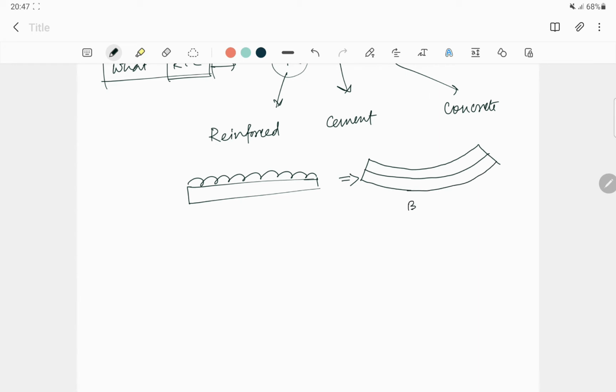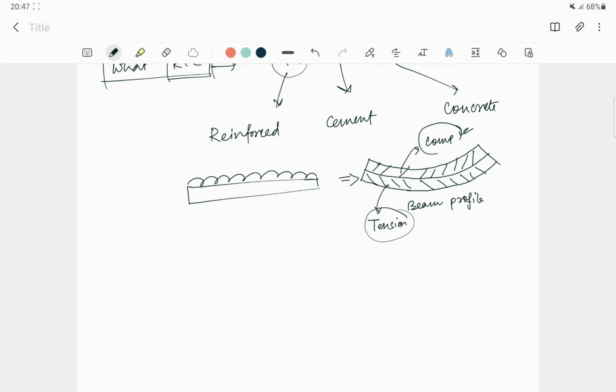This is the beam profile, where in this zone compression force is generated, and on this face tension force is generated. PCC is good for compression but not good for tension. So we have to think about this problem.